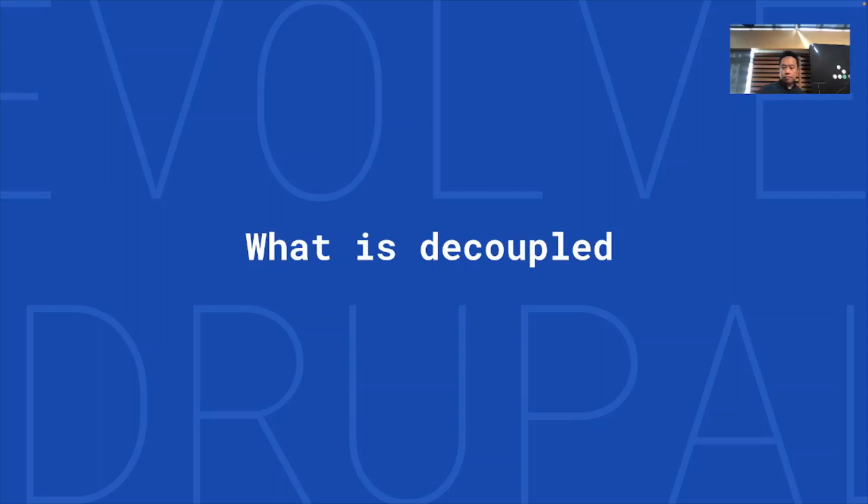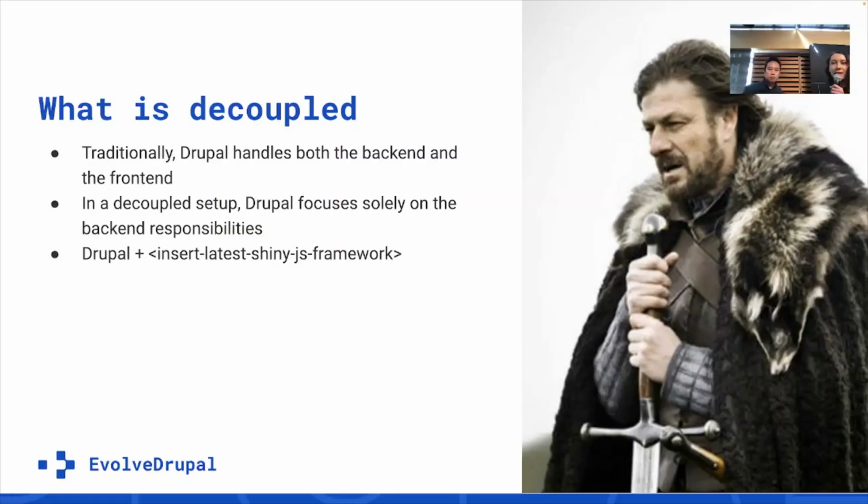All right, and what is decoupled, right? Decoupled Drupal combined with Next.js refers to a web development architecture where Drupal serves as the backend content management system, while Next.js handles the content presentation layer. What is the difference between a traditional setup and a decoupled Drupal setup?